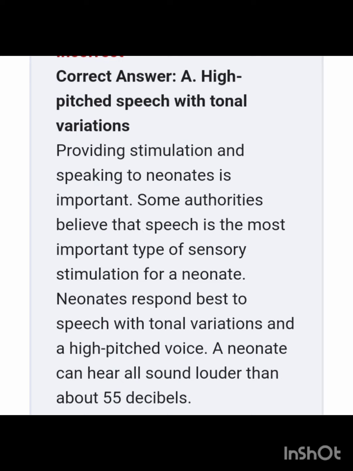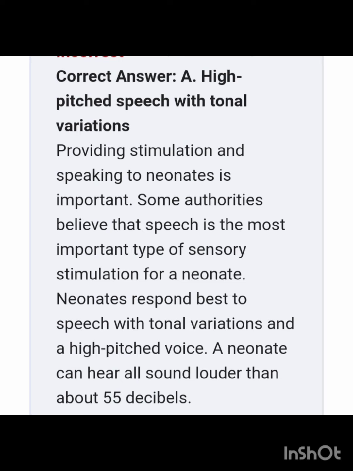Providing stimulation and speaking to the neonate is important. Some authorities believe that speech is the most important type of sensory stimulation for the neonate. The neonate responds best to speech with tonal variations. We should have tonal variations, up and down, and with a high pitched voice.